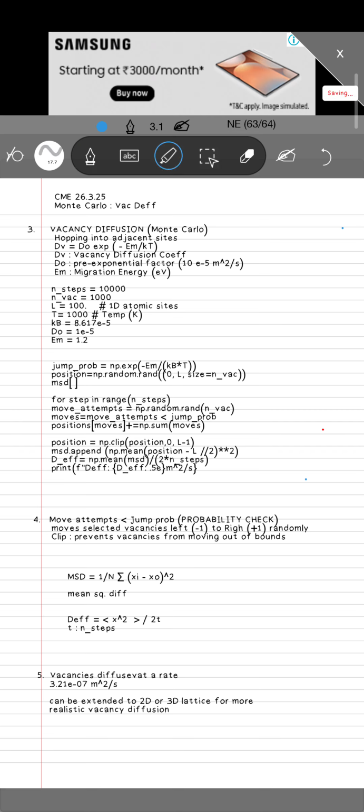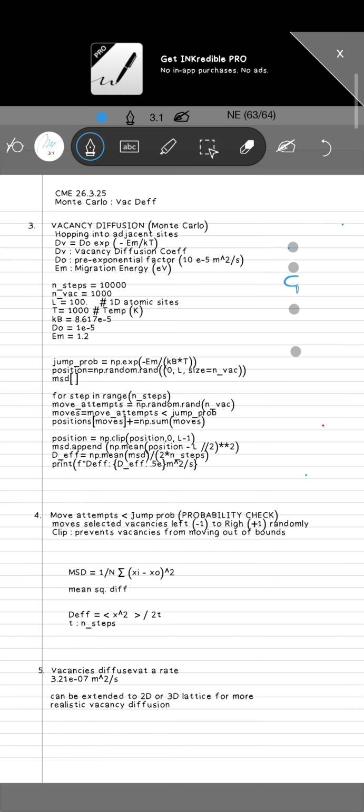We have considered here a one-dimensional lattice. So these are the atomic sites. If you consider these as atomic sites, there is a vacancy present here. For example, if we have atoms in a one-dimensional way arranged in this fashion, and there are vacancies created, like here is a vacancy.